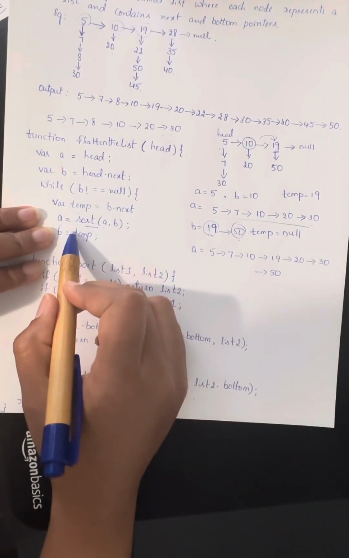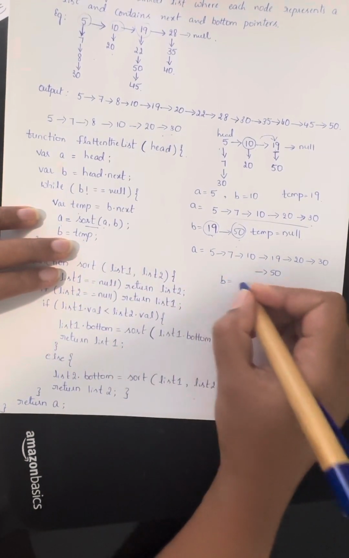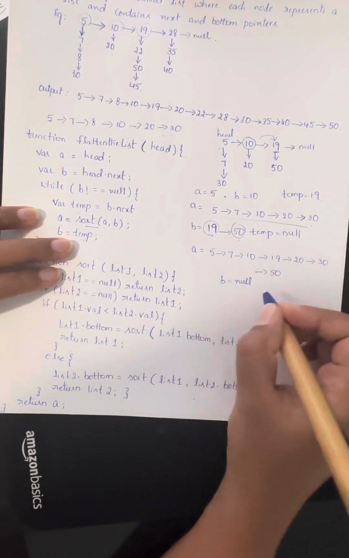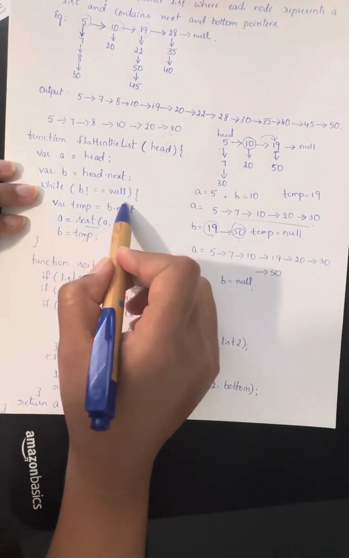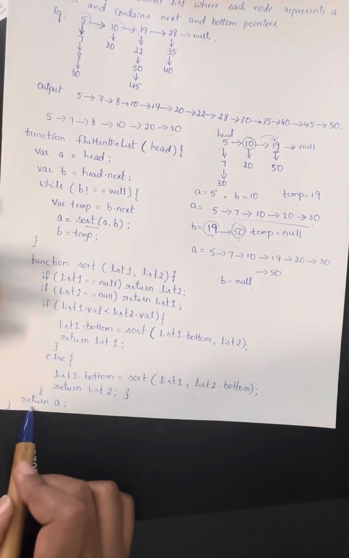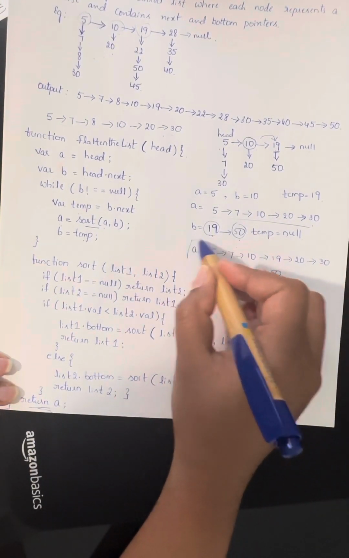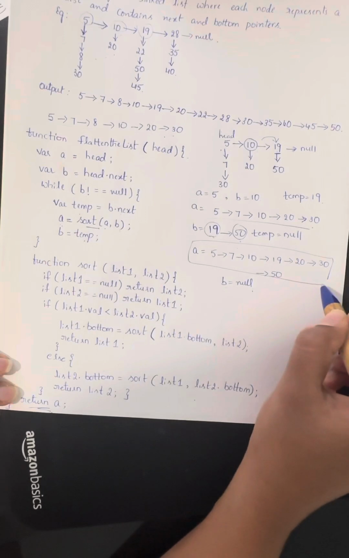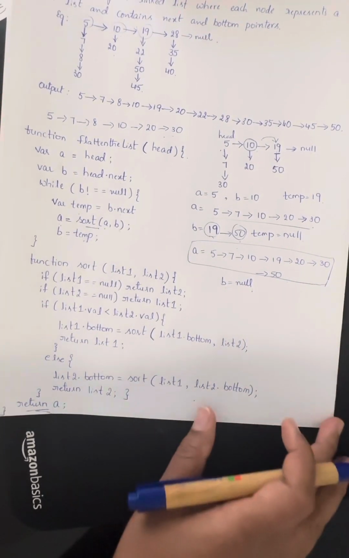Then b becomes equal to temp, which is null. So this condition becomes false, and we return a. In a we have the completely flattened and sorted list. Thank you.